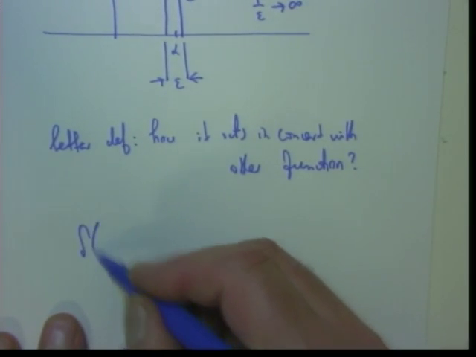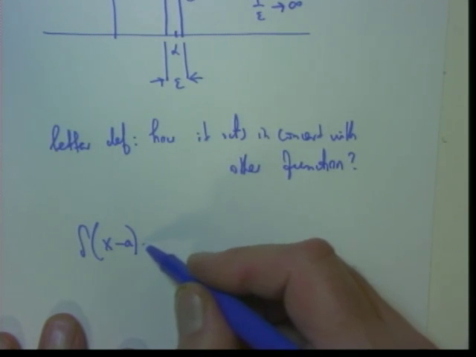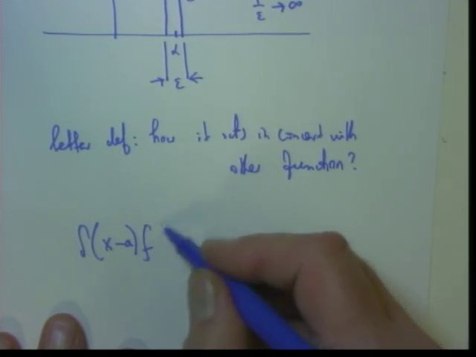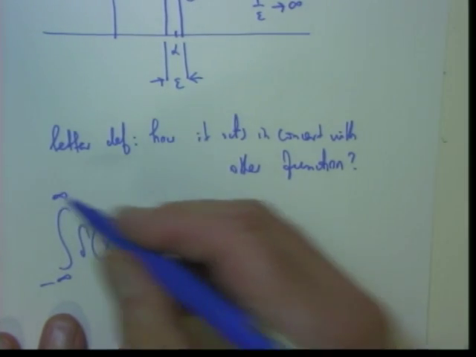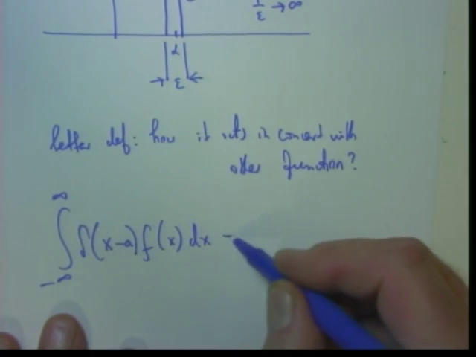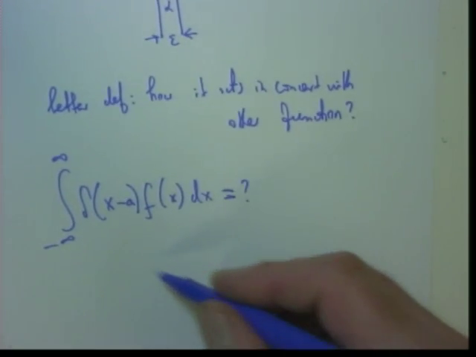So we take the delta function x minus a, multiply it by some other function f of x, and integrate between 0 and infinity, dx. So what is this? I will explain.